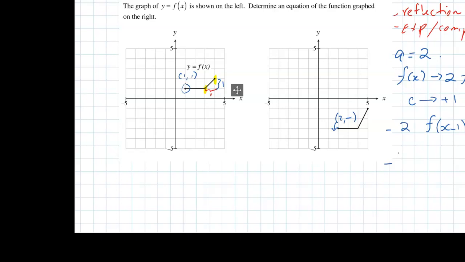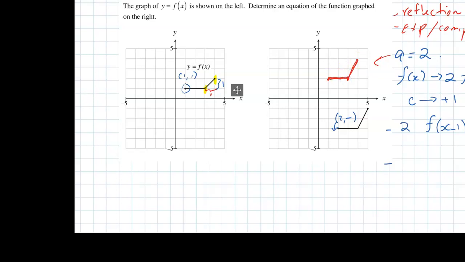Originally this was 2, so that means the graph will go up. Everything has gone up. This 1 would have been 2 because it doubled, so it would have been up here. So that point would be there, and then it would have been like that. That would be the original once you include the 2 in there. So that would be your graph.